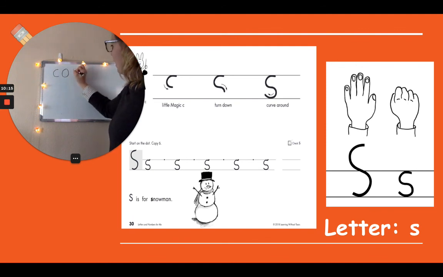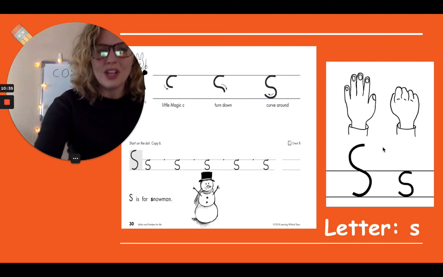If you can make a little magic C, you can make an S. Little magic C, turn it down, curve around. Let's try our S one more time. Magic C, turn it down, curve around. C-O-S. Good job, my friends.